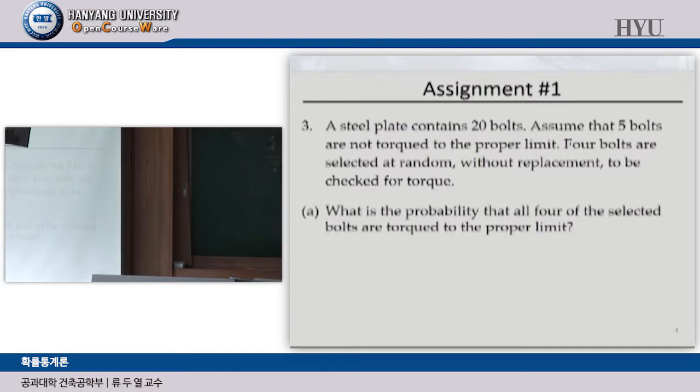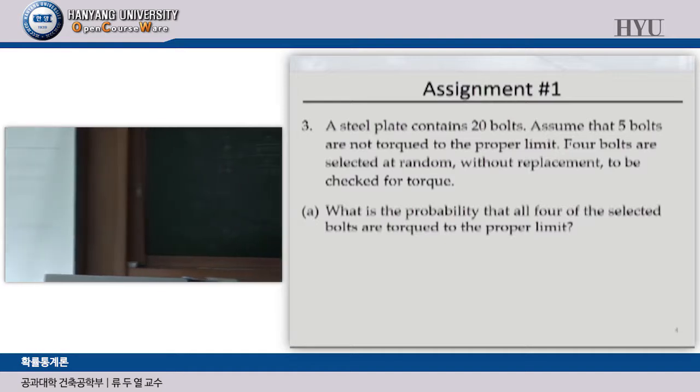And this will be 15 times 14 times 13 times 12 times 11 factorial over 4 times 3 times 2 times 1 times 11 factorial, over 20 times 19 times 18 times 17 times 16 factorial over 4 times 3 times 2 times 1 times 16 factorial.